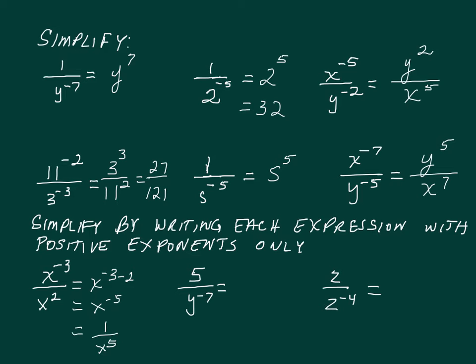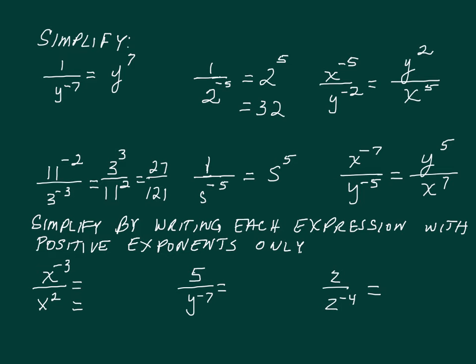I want you to write that process down. I used the quotient rule to do it. But now I'm going to erase it and show you another way of doing it. You can say, well, you know what? I know that x to the second power down here in the bottom is already a positive exponent. So I don't even want to bother with that. I want to leave it where it is. But I can move the x to the negative third power down to join the other x's in the denominator.